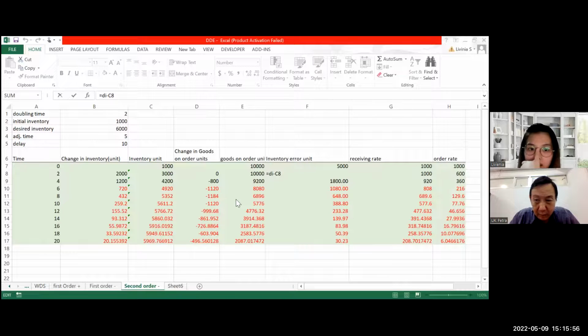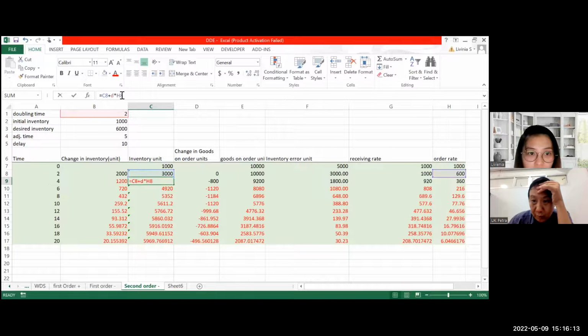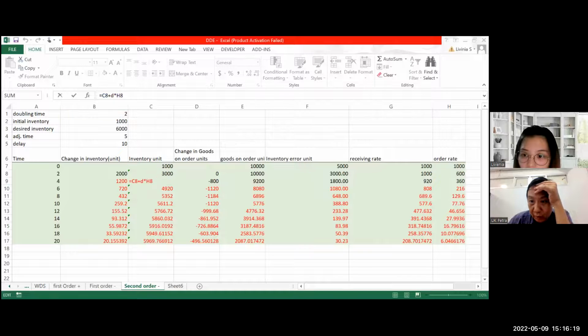Wait, wait. This is also different, I think. The order rate. Change in inventory, hmm, 2000.